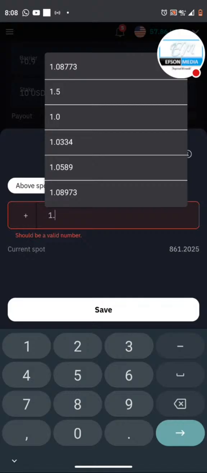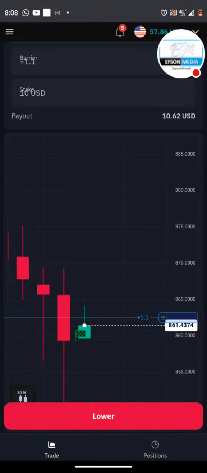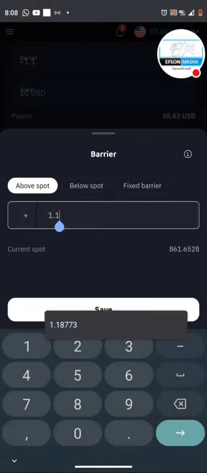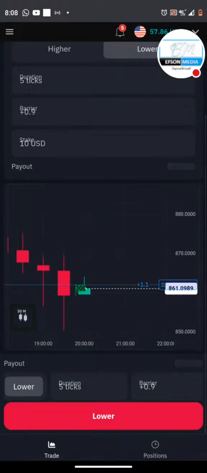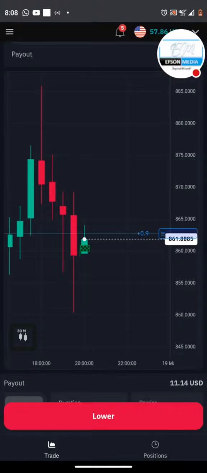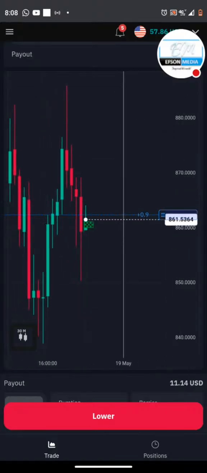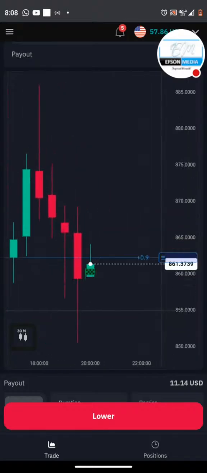So let's even make it 1.1. We're having 62 cents. So it's better to lift it higher. If you bring it too close to the candle, your trade can be lost, unless you are very, very sure of your direction, that this candle is moving away from this line.